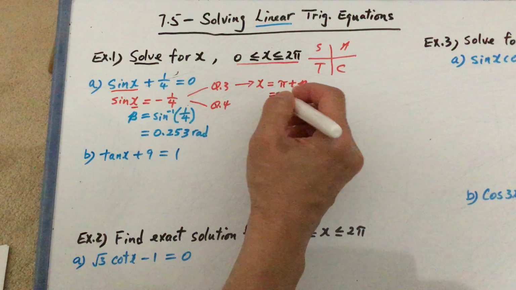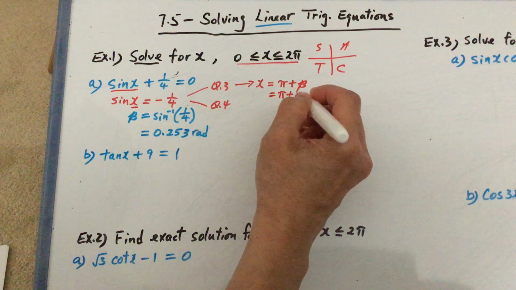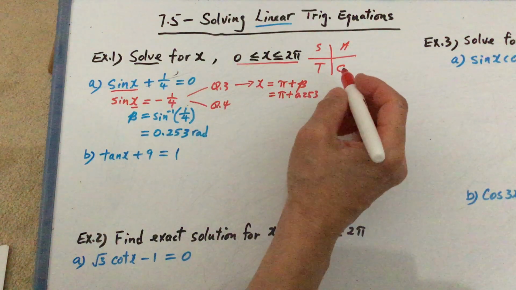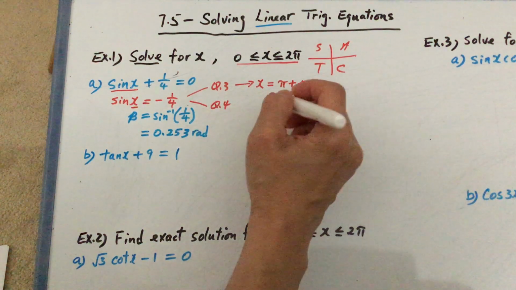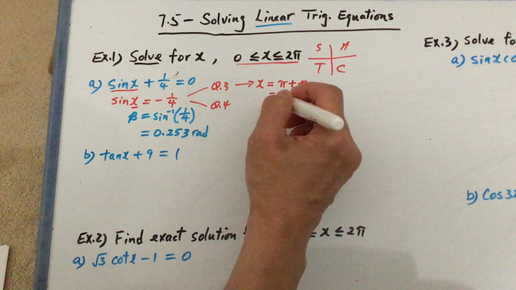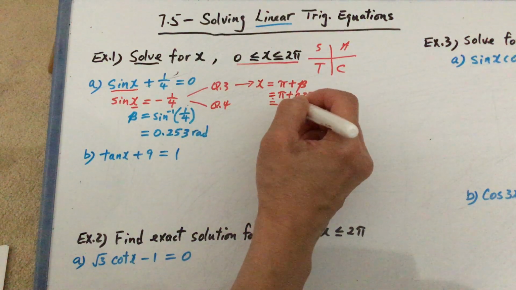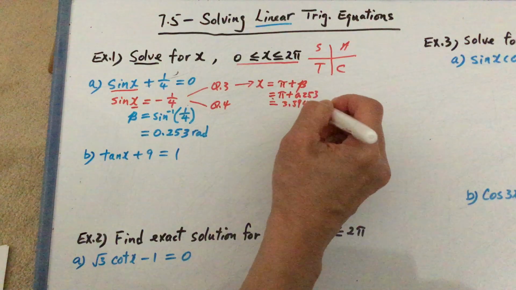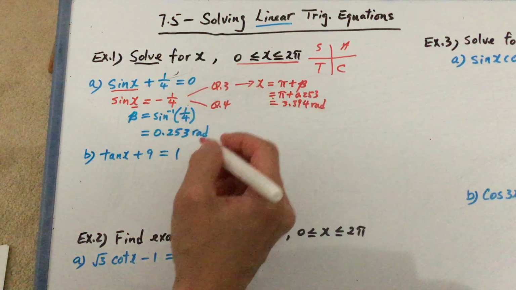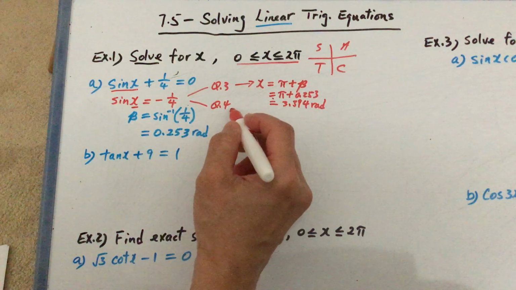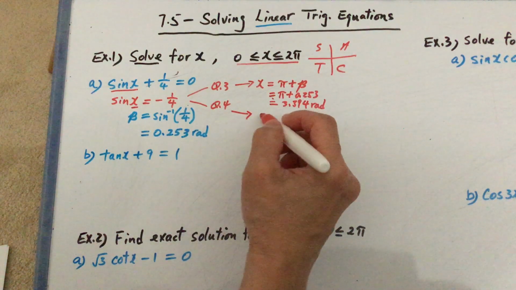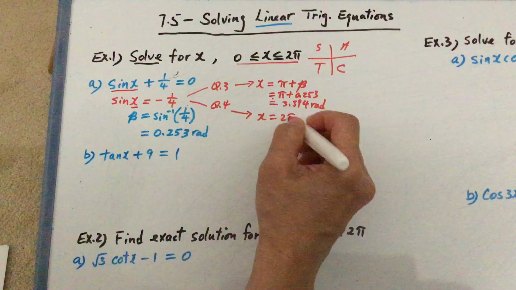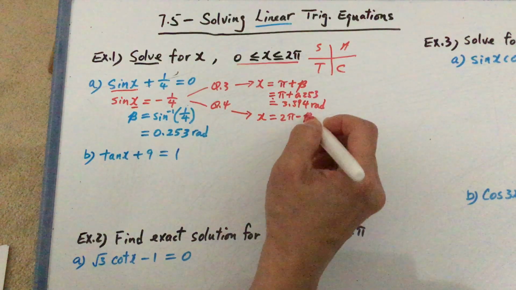So you will be getting approximately 3.394 rad. Okay, so this is going to be the angle in quadrant 3. Now, when it comes to quadrant 4, my principal angle x is going to be equal to 2 pi minus the beta.